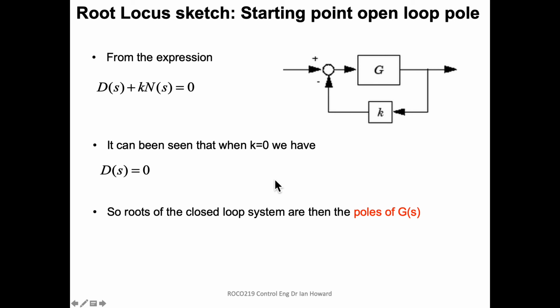That's not surprising, because when the gain is 0, this bit all disappears. So first of all, the poles of the closed loop system, it just behaves like an open loop system basically when the gain is 0. That's what it's saying. So the poles of G(s) give us the poles of the system when the gain is 0.